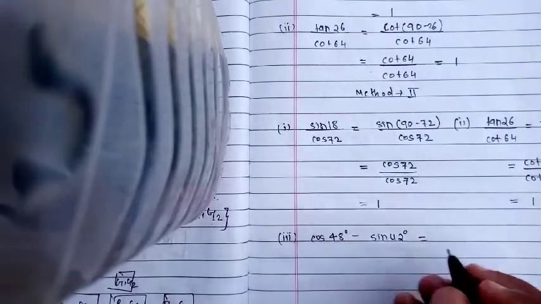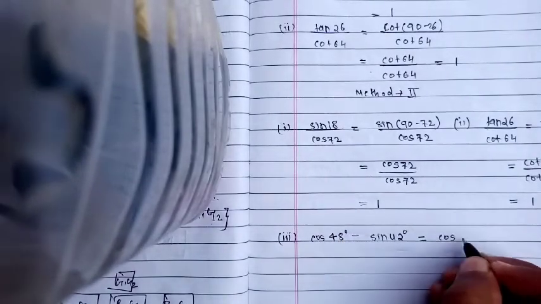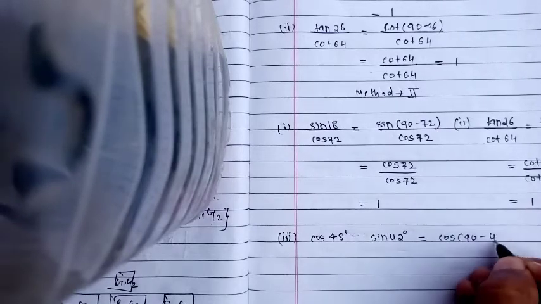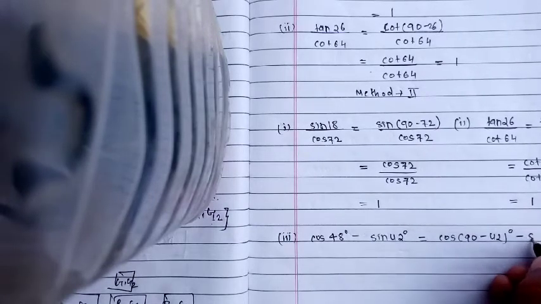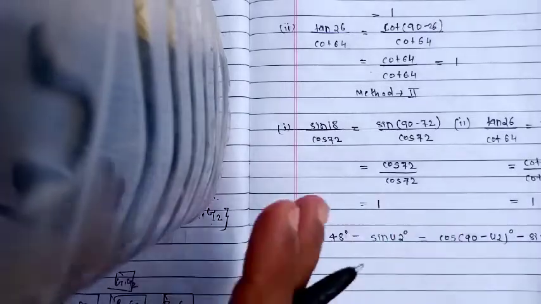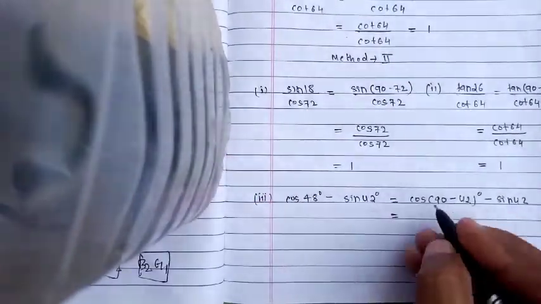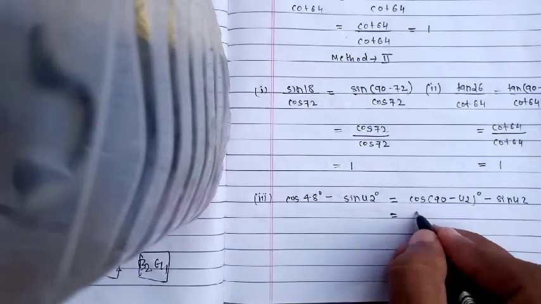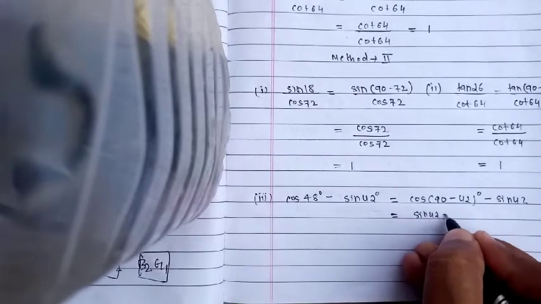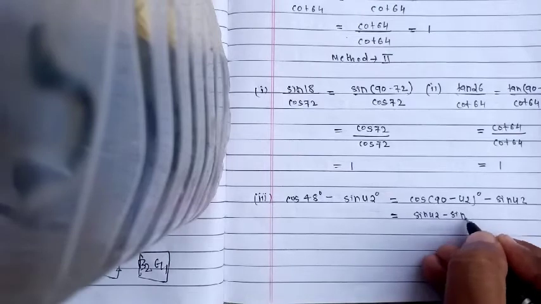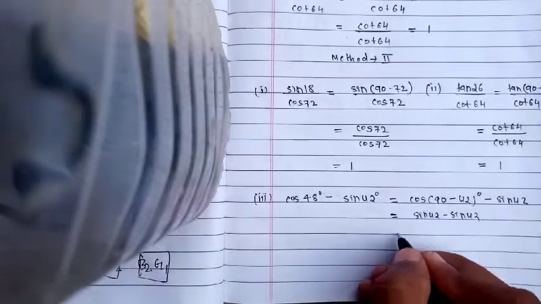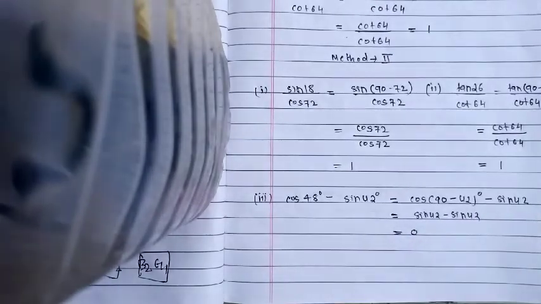So this 48 I can write as cos of 90 minus 42 degrees, minus sin 42 as it is. Now cos of 90 minus theta is sin 42, minus sin 42, so this will get cancelled and you will get the answer 0. So the value of this term is 0.